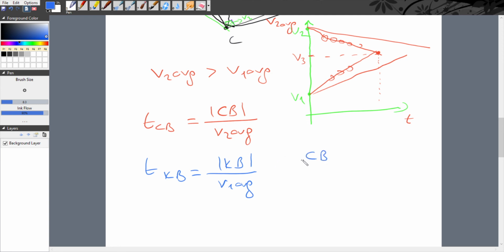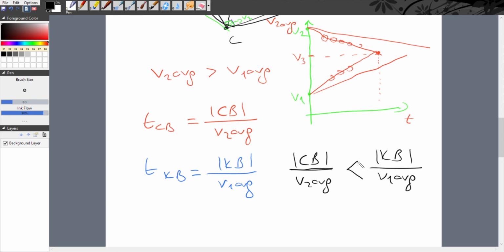We have on one side CB over v2 average and KB over v1 average. We already know that v2 average is bigger, so it makes this ratio even smaller. As CB is smaller than KB, this is very much smaller than KB over v1 average.